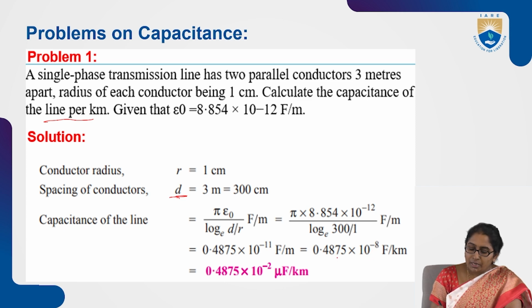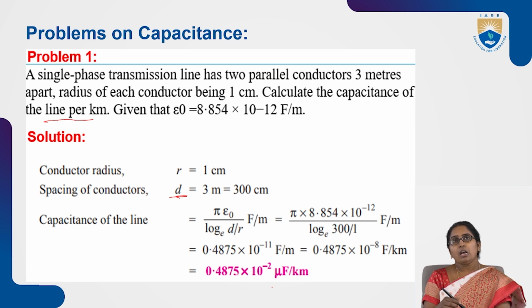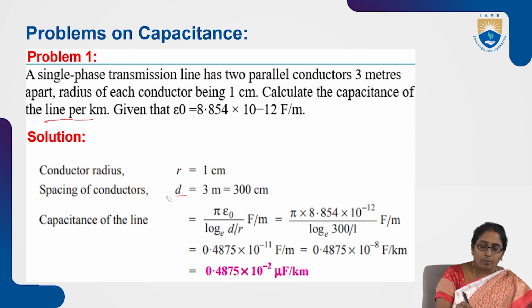So 0.4875 into 10 power minus 8 farad per kilometer. Generally capacitance is written in microfarads. So in microfarads per kilometer, the value is 0.4875 into 10 power minus 2. This is the capacitance of the line for the given problem.